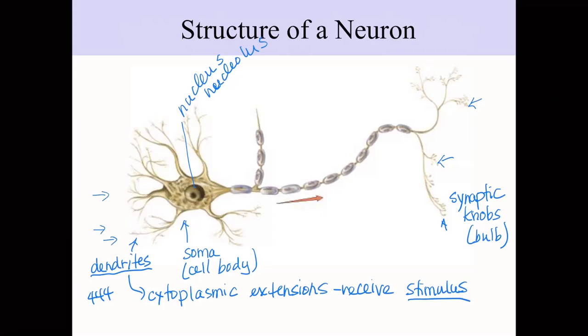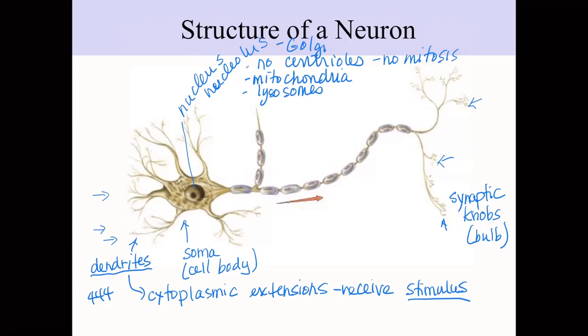Now the cell body has no centrioles, because no mitosis. It has the nucleus, the nucleolus, mitochondria, lysosomes, Golgi complex. It does have something different.